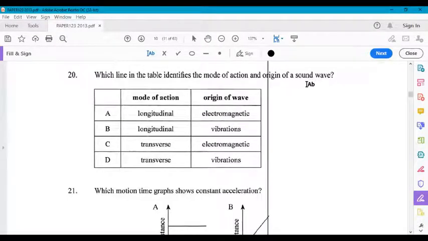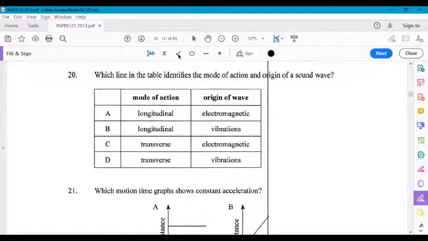Sound waves. If you just put your hand on your throat as you're talking, what do you feel? Vibrations. So sound waves are caused by vibrations, and they are a type of longitudinal wave.